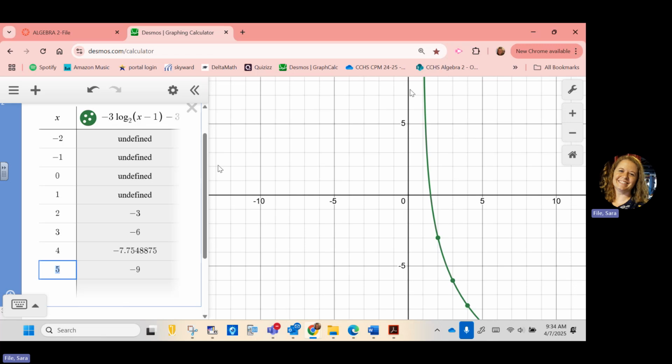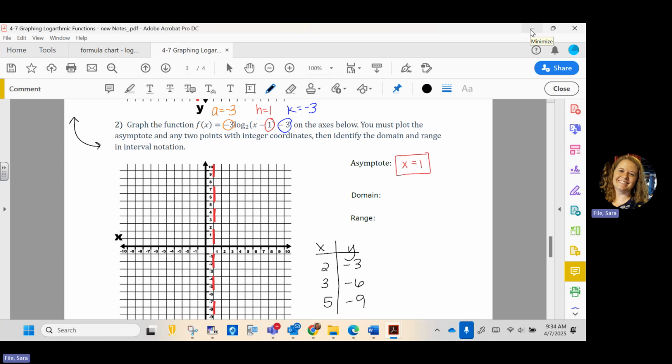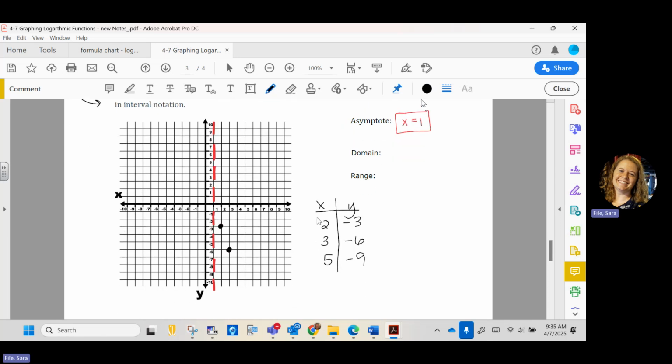Your asymptote does not show up graphed in Desmos. You have to know how and where to graph that asymptote. Okay, so those 3 points are at (2, -3), (3, -6), and (5, -9).